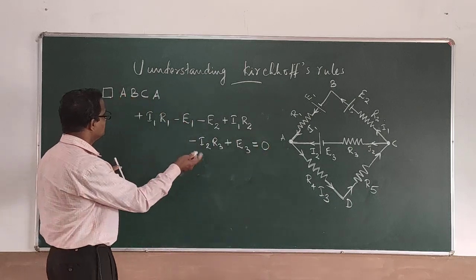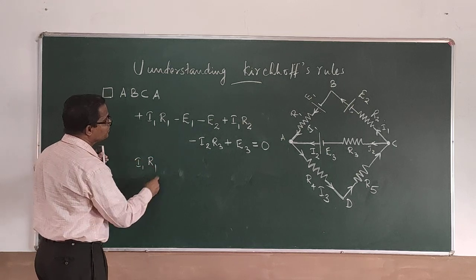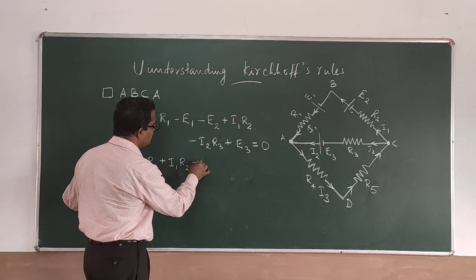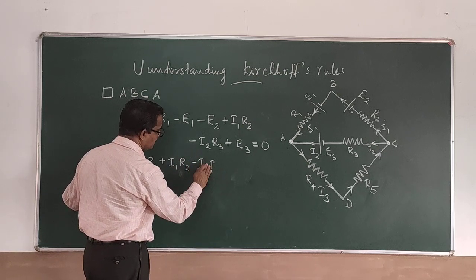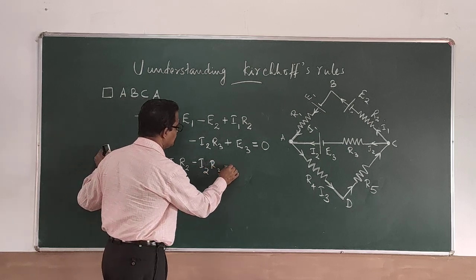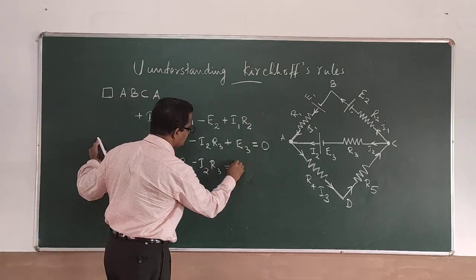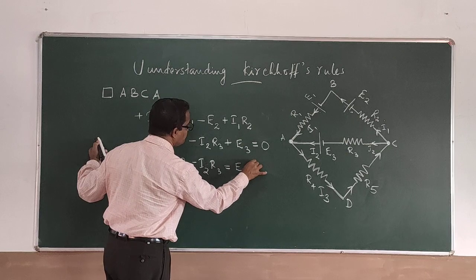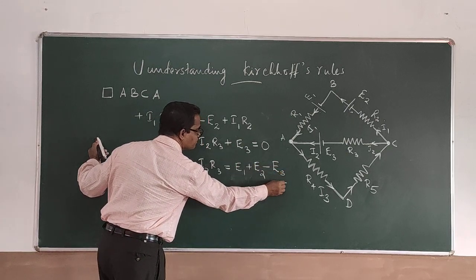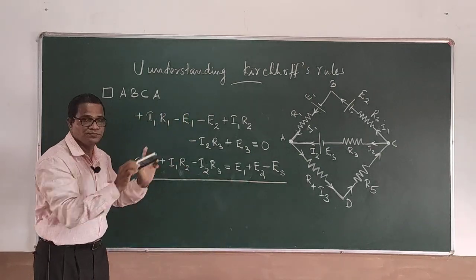Now, rearrange that, you get I1 R1 plus I1 R2 minus I2 R3 equal to, means I into R from one side will be going to the other side, E1 plus E2 minus E3. Now this is Kirchhoff's rule for the small loop.